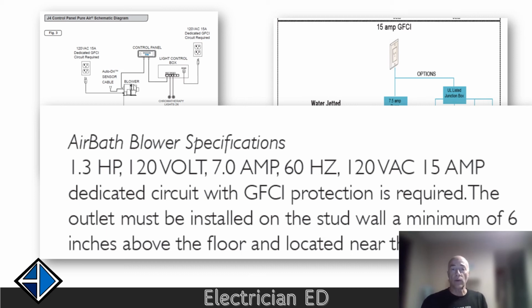There may be other equipment as well in this hydro massage assembly that will need its own attention. Remember, following the code first and foremost will always require following manufacturer's installation paperwork.